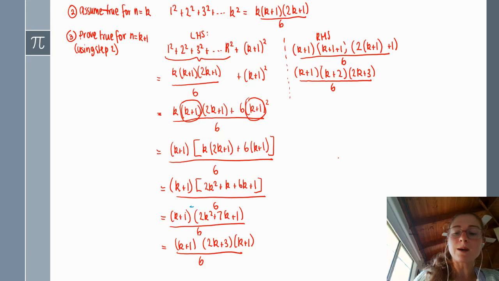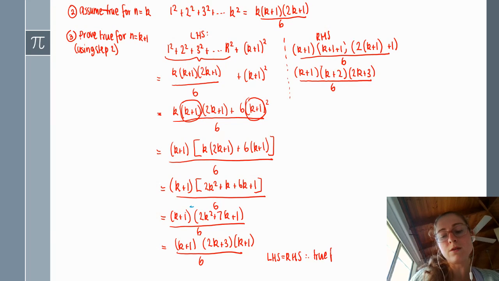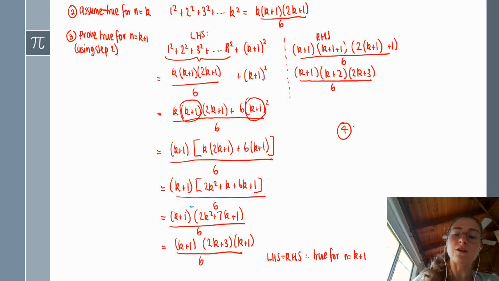So step 4. Well, before that, I say left-hand side equals right-hand side. Therefore, true for n equals k plus 1. And then I come to step 4. I'm just going to do that over here.